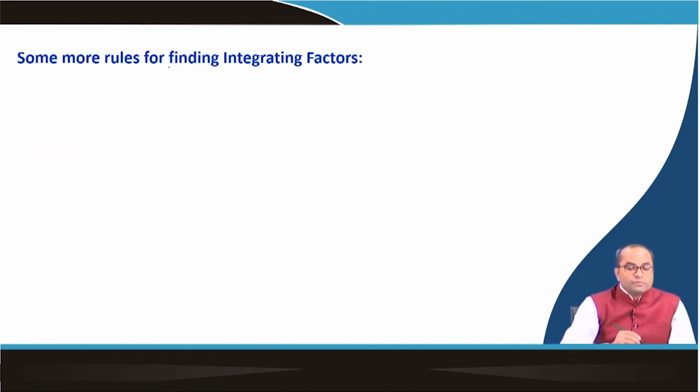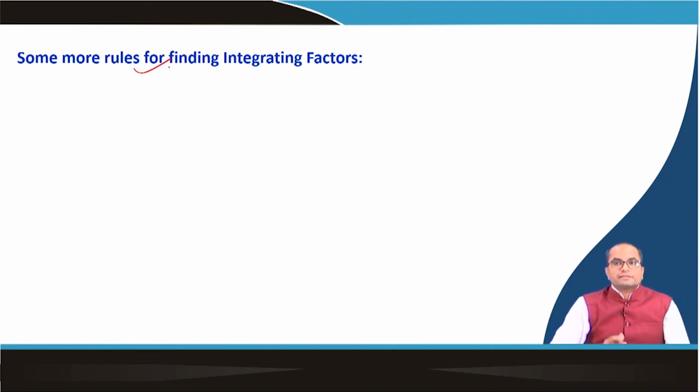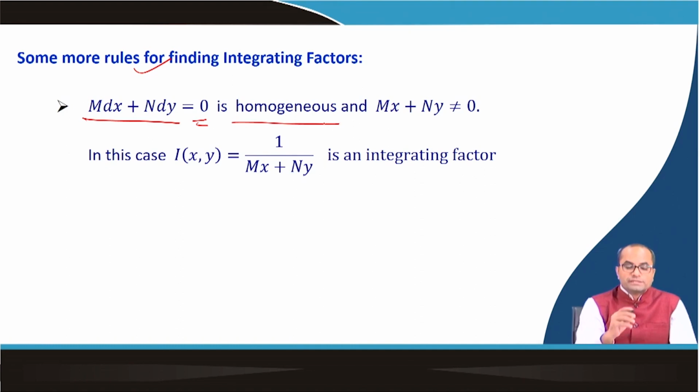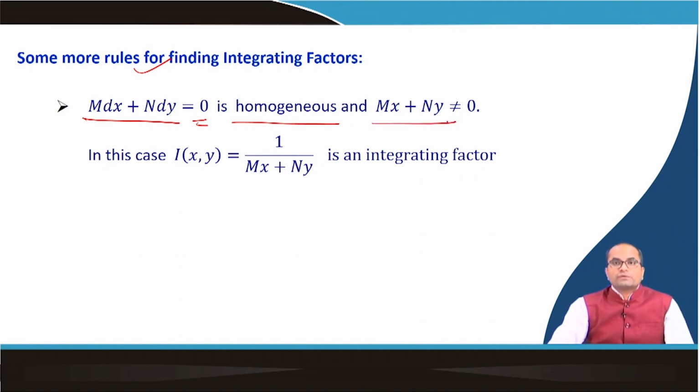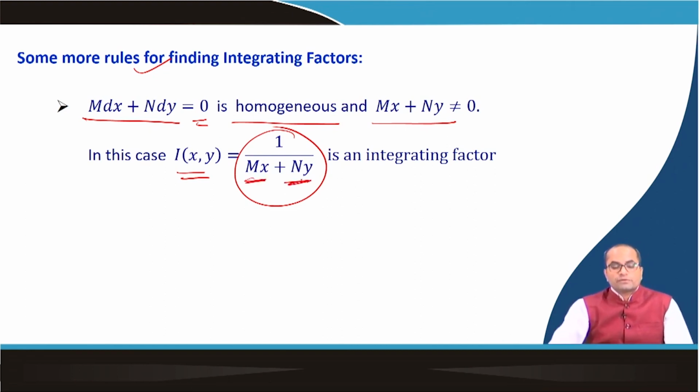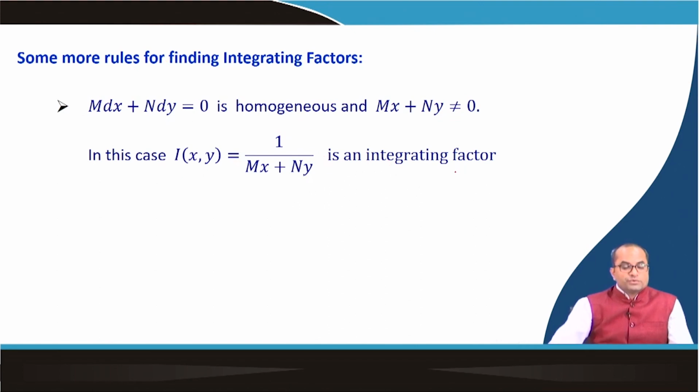So, there are some more rules for finding integrating factors, but we are not deriving them. So, what are those? The first is that if M dx plus N dy equals 0 is a homogeneous expression, and Mx plus Ny is not equal to 0, in that case 1 over Mx plus Ny is an integrating factor, which we can directly use as a formula.